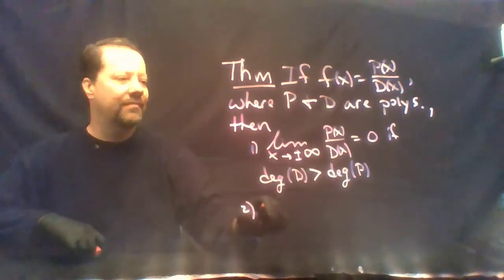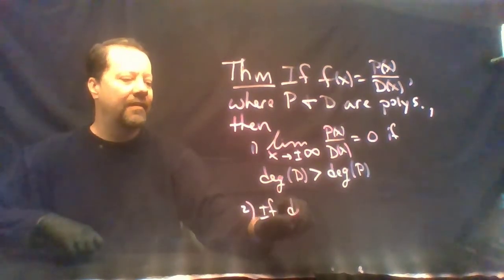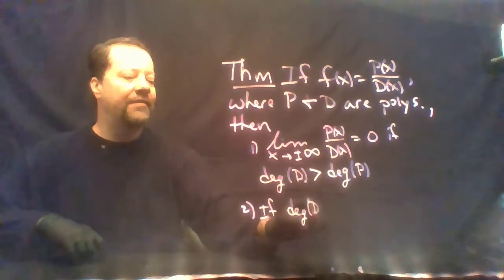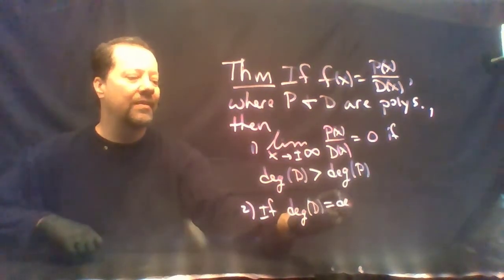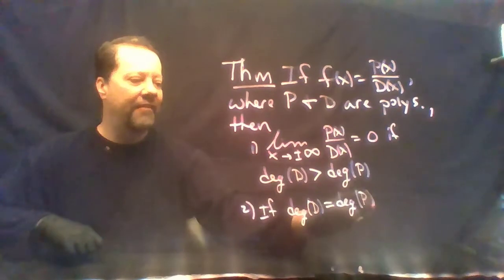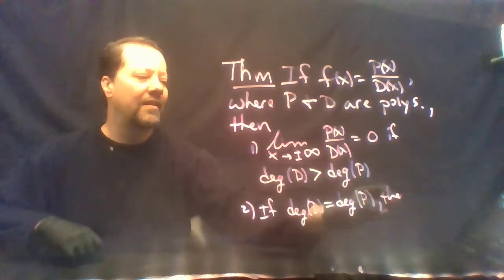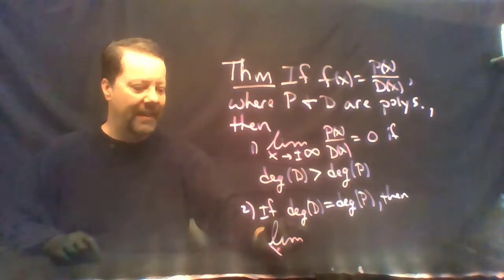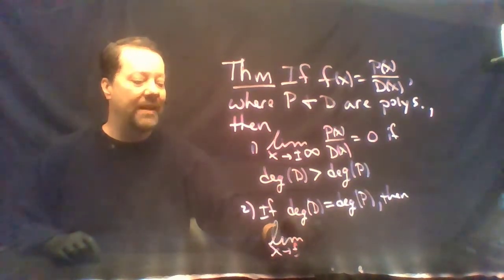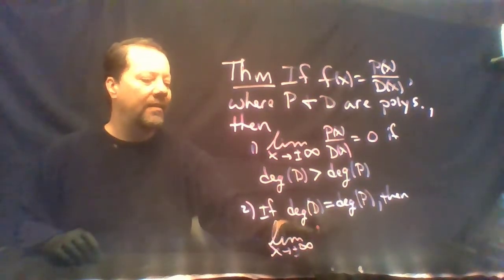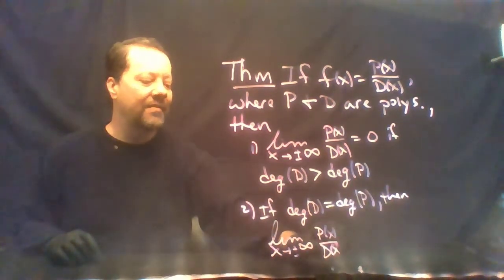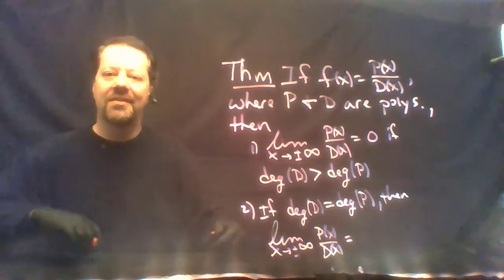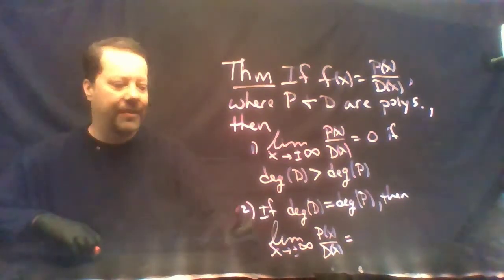2. If the degree of d equals the degree of p, then the limit as x goes to plus or minus infinity of p of x over d of x is the ratio of the leading coefficients.